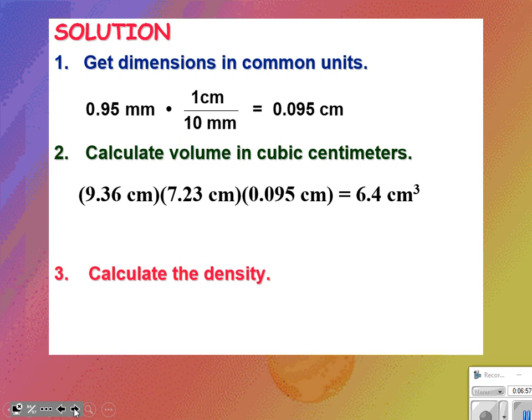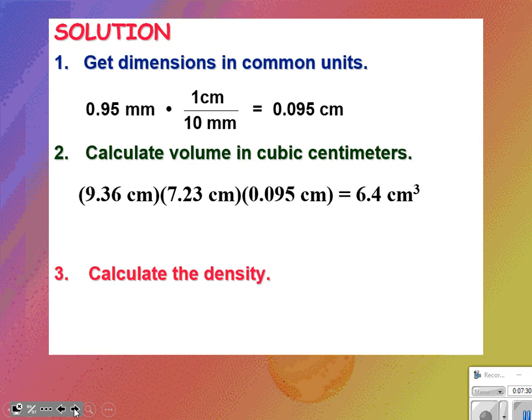So, go ahead and multiply those 3 numbers together for me. The number that we come up with is around 6.428916. I leave that entire number in my calculator because I'm going to end up dividing by the volume, right? So I divide by that entire number, not a rounded number.